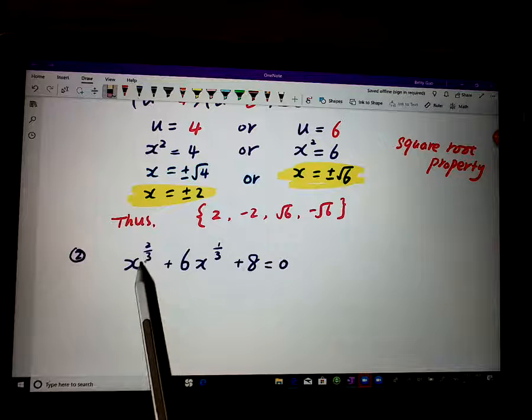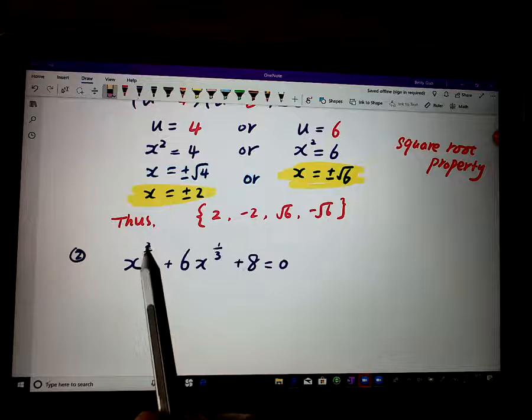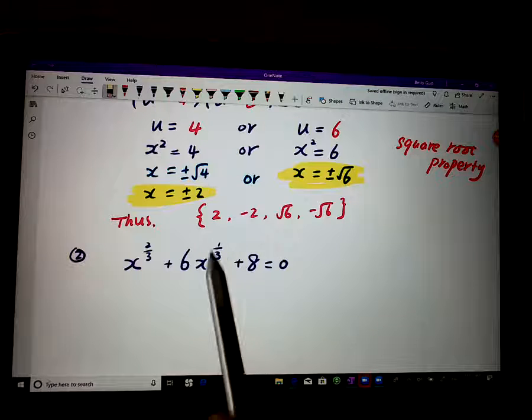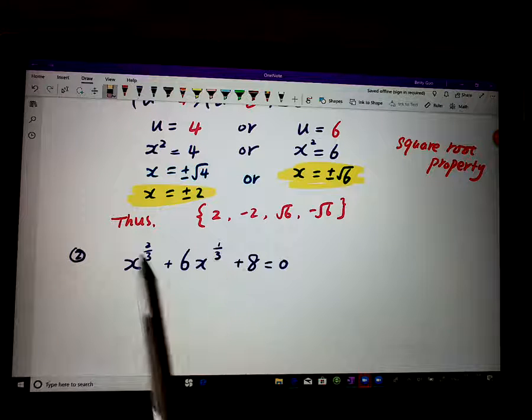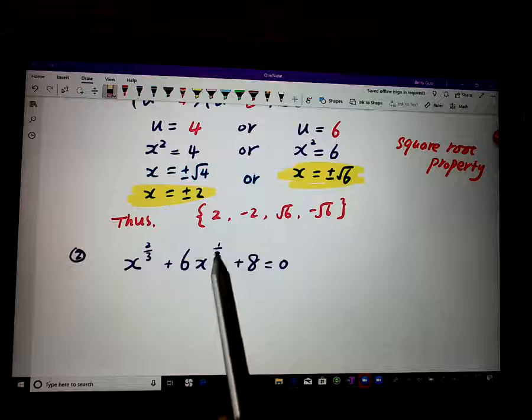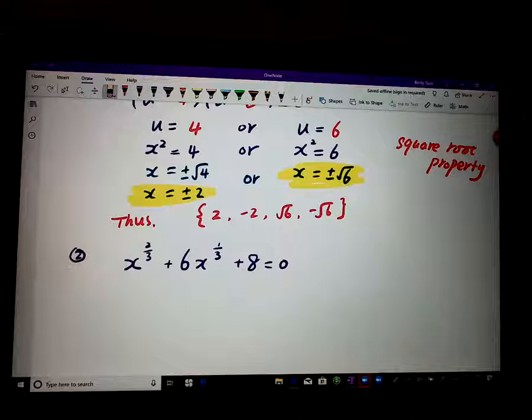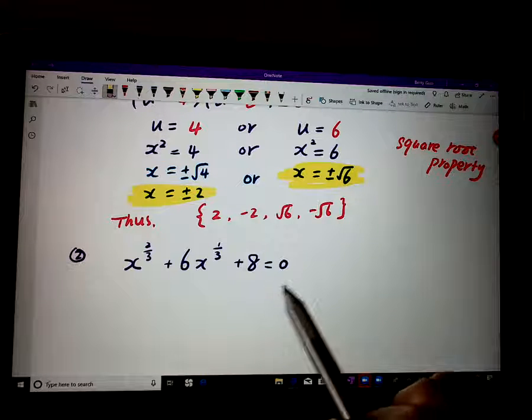The biggest exponent on the shoulder of x, the leading exponent 2/3, happens to be twice the middle term exponent 1/3, right? We all know 2/3 is twice 1/3. So the characteristics, the features that I mentioned, are satisfied. So we identify this as quadratic in form.